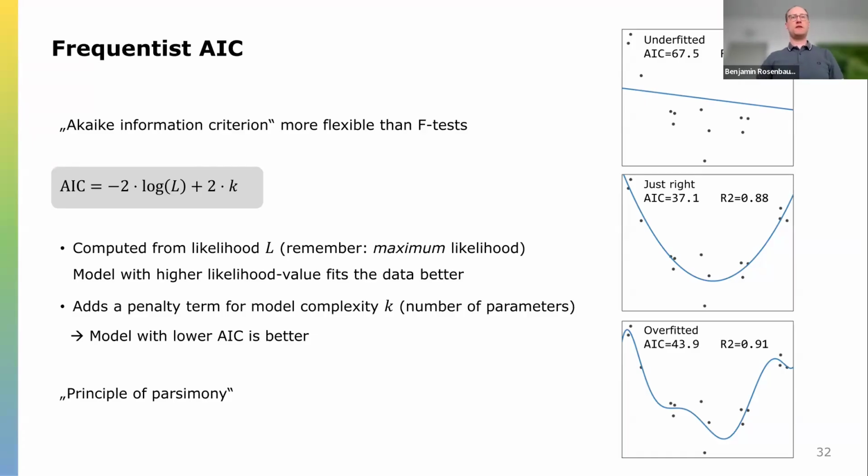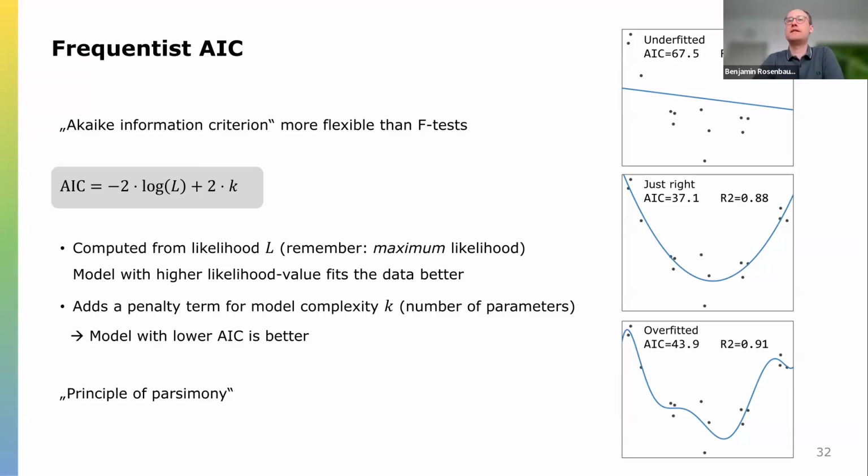So K is the number of parameters, so model complexity is included here. Because we know whenever we include predictors, the likelihood will increase. However, it also comes with more parameters. So we have to find this sweet spot between good model fit and model complexity.